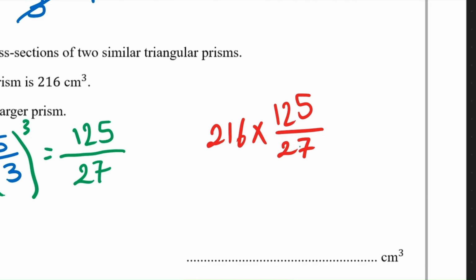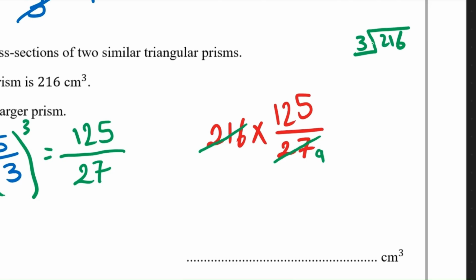So let's cancel 27 with 216, for example, whatever can be divided by 3. If 27 is divided by 3, that would be 9. For 216, let's have a go: can it be divided by 3? Yes, because 6 plus 1 is 7, 7 plus 2 is 9, which means it can be divided by 3.